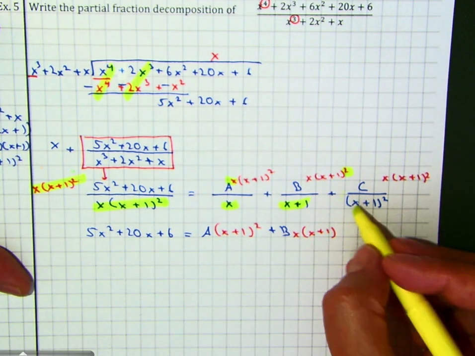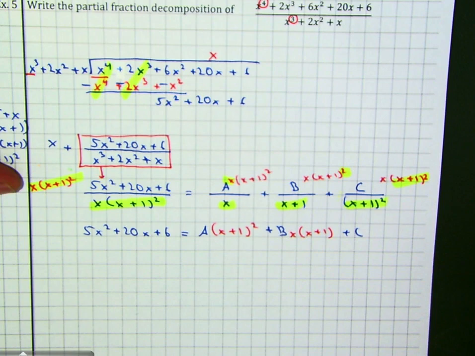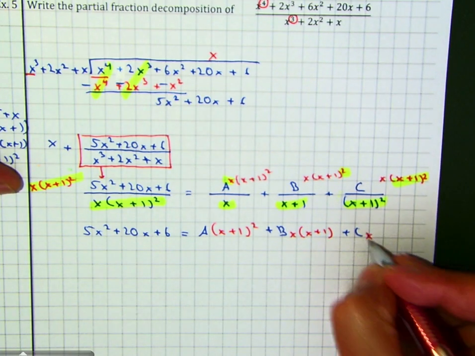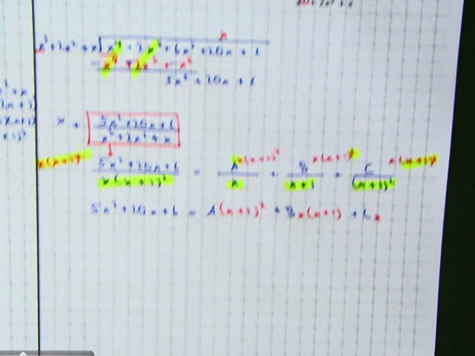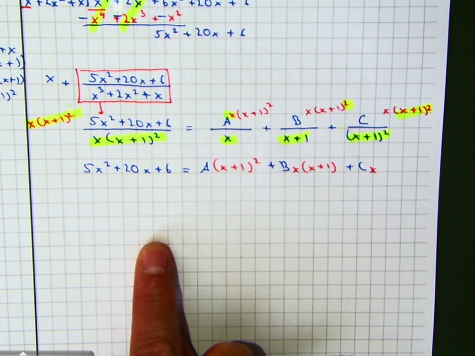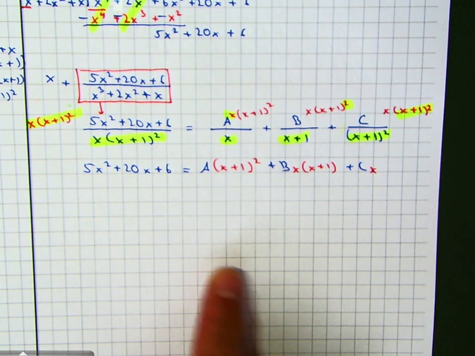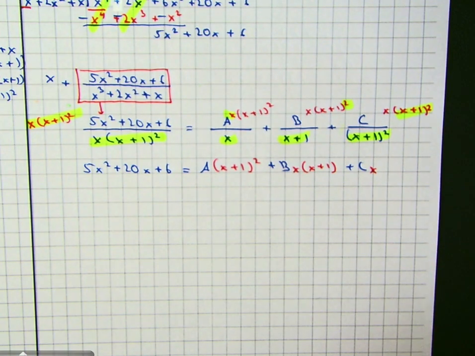My x plus 1 cancels. So therefore I have plus c multiplied by x. So now go and simplify it and then see what's the value of a, what's the value of b, and what's the value of c. And play once you're ready.